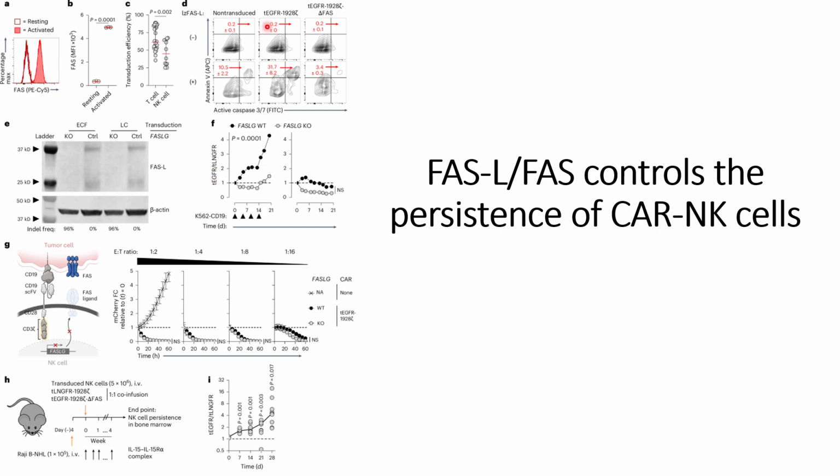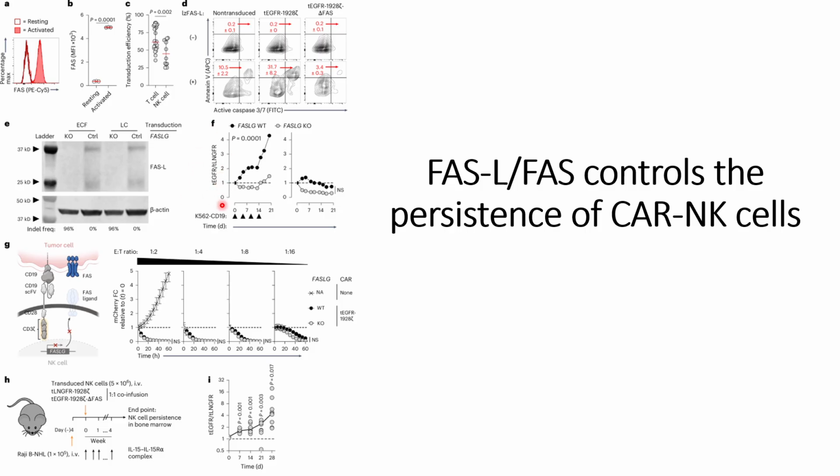TEGFR marks the cells in which the CAR that is introduced does not have the FAS construct, or FAS has been knocked down, so they can see the EGFR signal goes up where K562 has the FASLG wild type, whereas where K562 CD19 has the knockout FASLG, they do not see a significant rise in the ratio of TEGFR to TLNGFR.